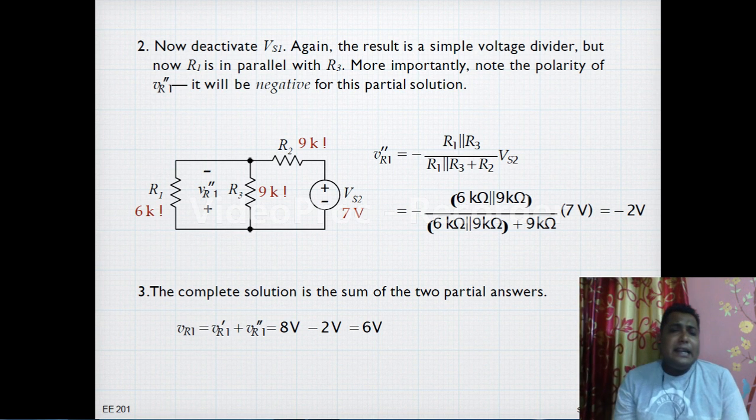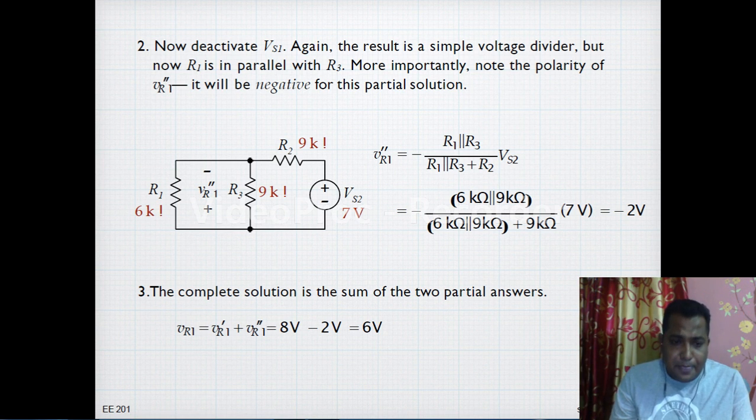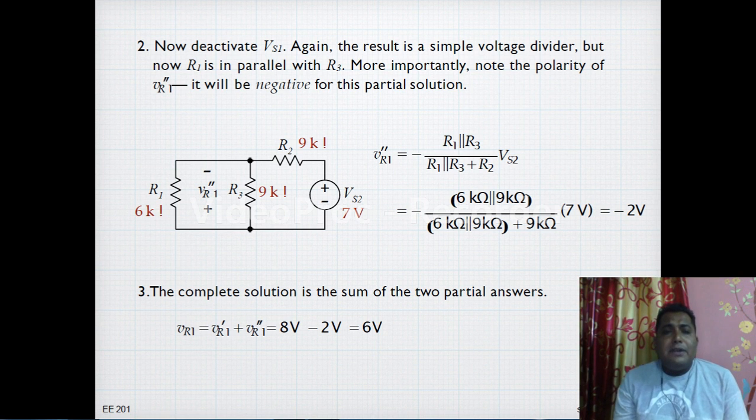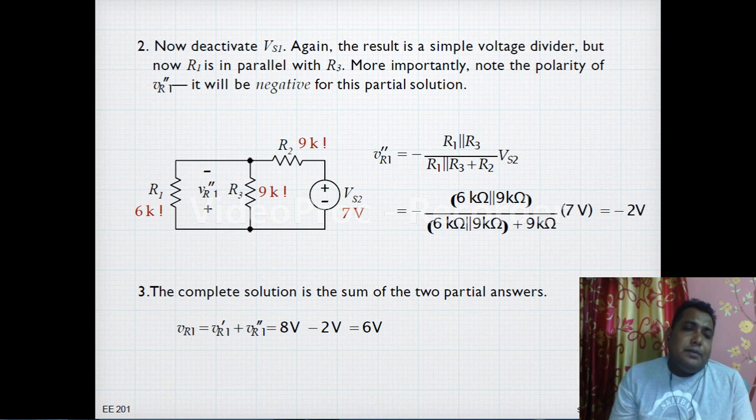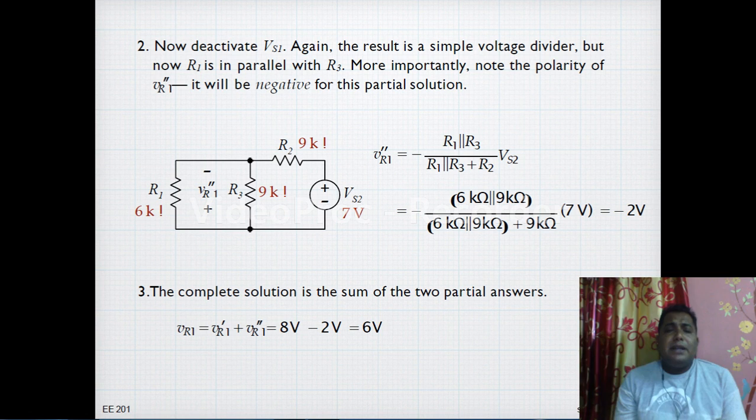Now for your better understanding, see here the R1 location is shifted. Clear? So if the R1 location is shifted, we can say that the step 1 and step 2 voltages are at the same polarity, correct? See the plus minus polarity in step 2 and step 1, just check.